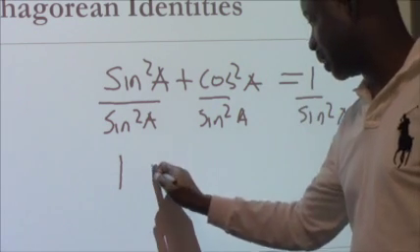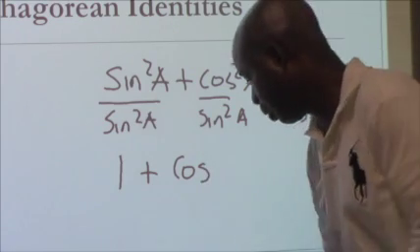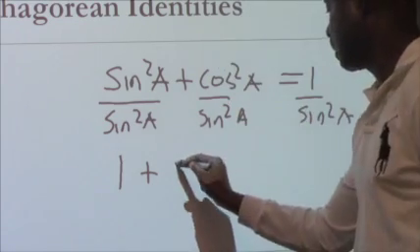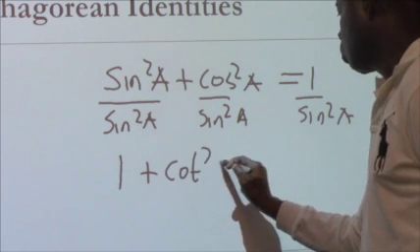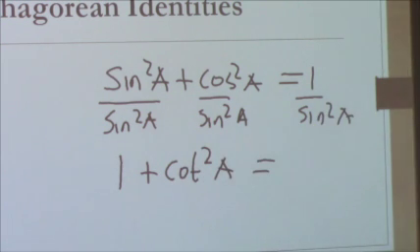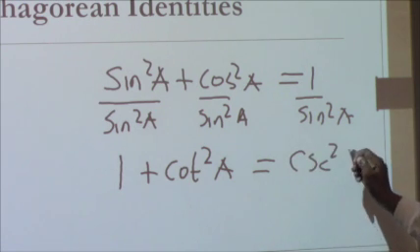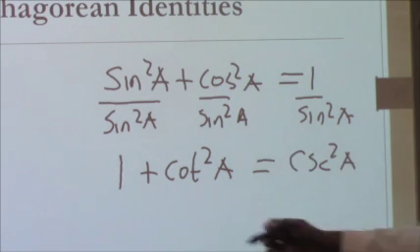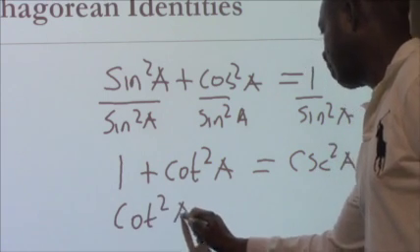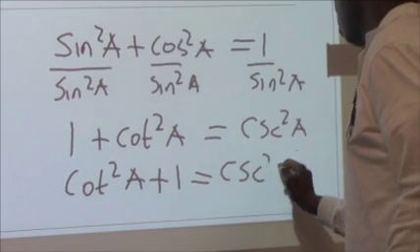Cosine over sine is basically equal to cotangent squared A. And 1 over sine is the cosecant. So I'll have cosecant squared A, which we have written over there as cotangent squared A plus 1 equal to cosecant squared A.